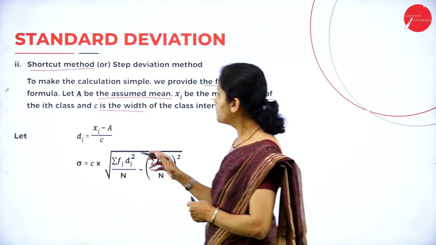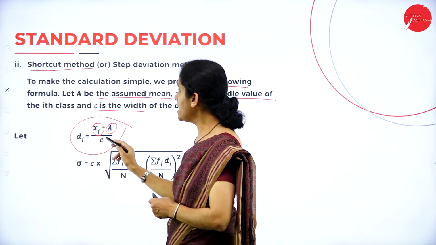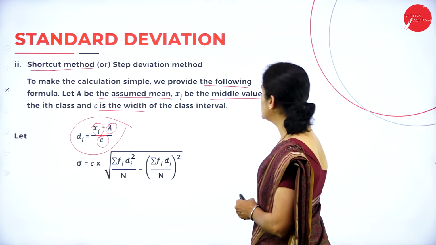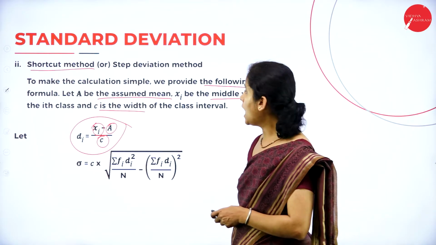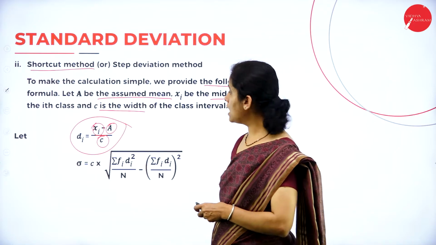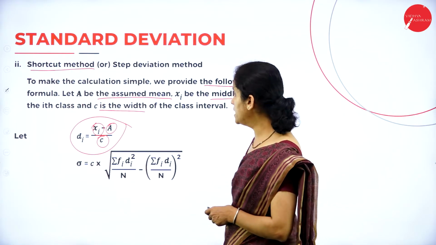So xi, A, and c: xi is the middle value of the ith class, c is the width of the class interval, and A is the assumed mean.